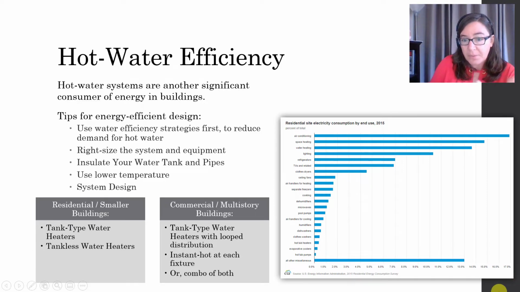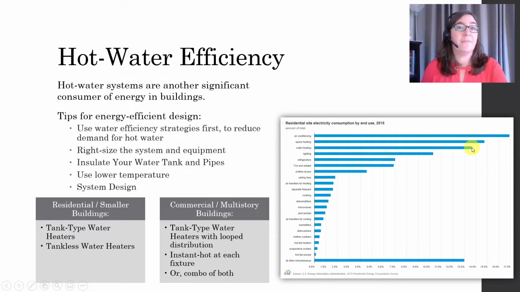It shows total electricity consumption broken down by what that electricity was used for. You probably can't read it because it's really tiny, but right here, number 1, 2, 3 in line is water heating. So it is a significant consumer of energy.